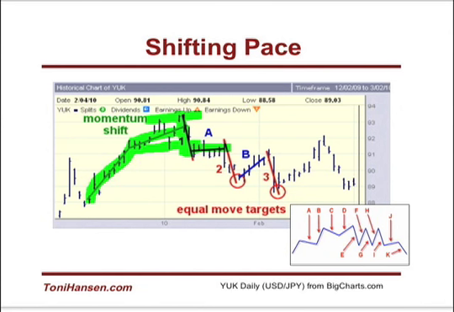And you can see that number 2 is roughly the same amount of price drop as we saw on number 1. So we have that equal move zone serving as a target level or support level.